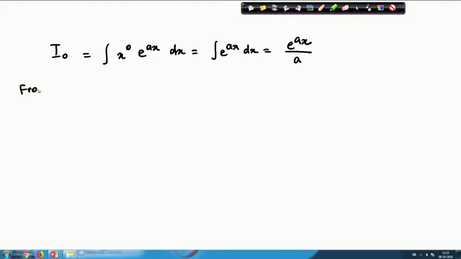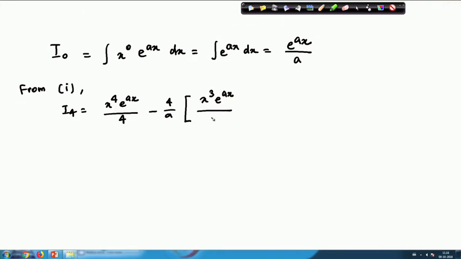From equation 1 we have I4 equals x to the power 4 e to the power ax by a minus 4 by a times I3. What is our I3? I3 is x to the power 3 e to the power ax by a minus 3 by a times I2. What is our I2? x squared e to the power ax by a minus 2 by a times I1.